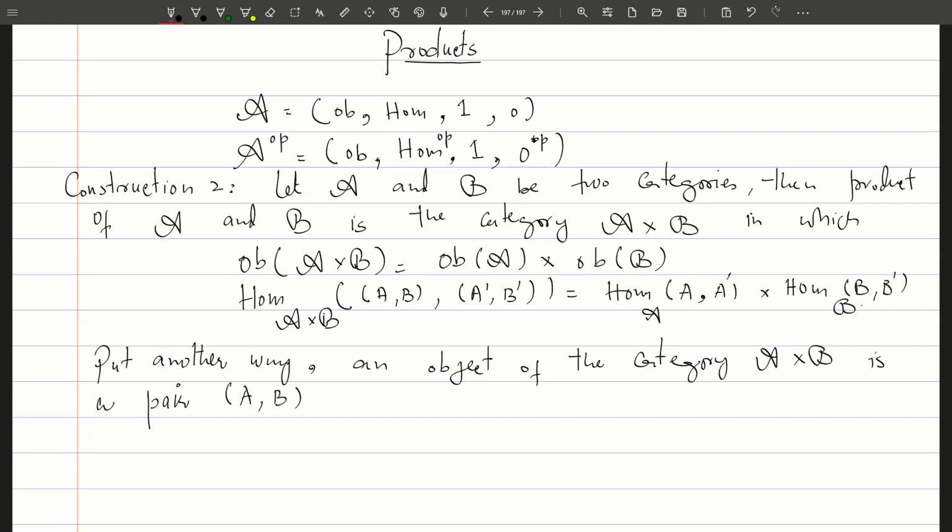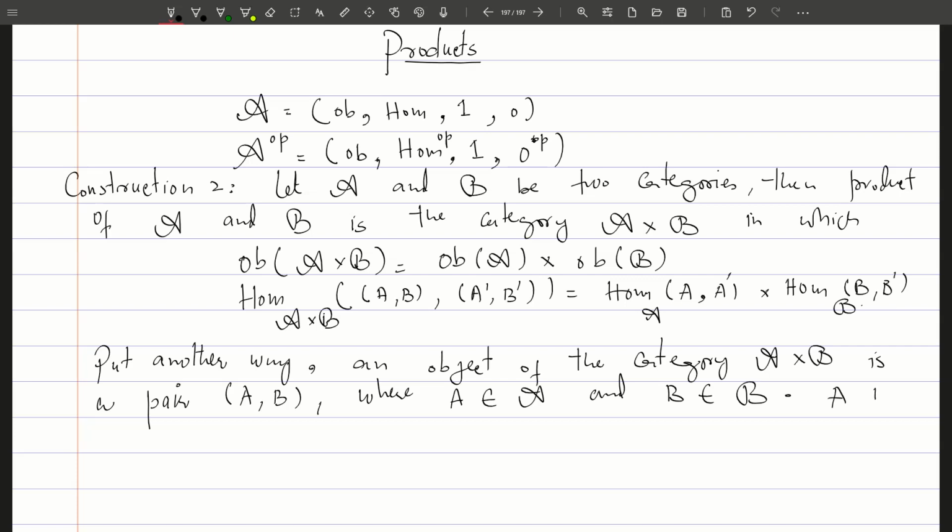The objects of this category look like these pairs, where the first component A is an object in category A and B is an object in category B.